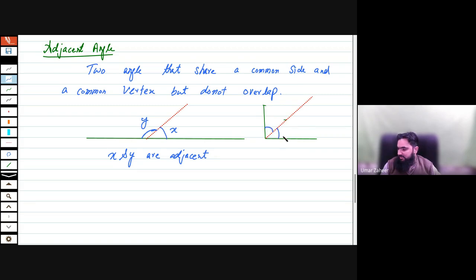This angle and this angle, let's say it is A and it is B. So A and B are adjacent. These are the terminologies you have to understand, which two angles are adjacent or which are not. Look here, we have a common vertex, a common side, and they do not overlap. So these two angles are adjacent angles. Is it clear?